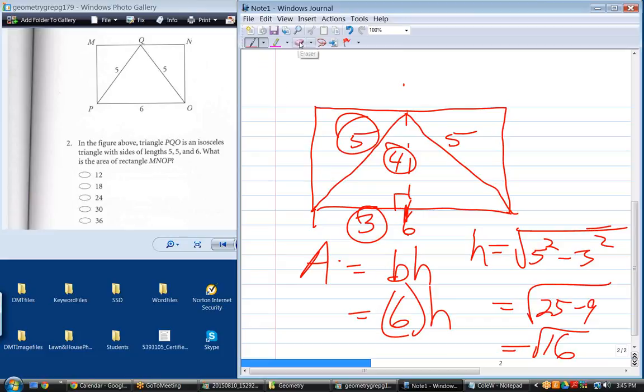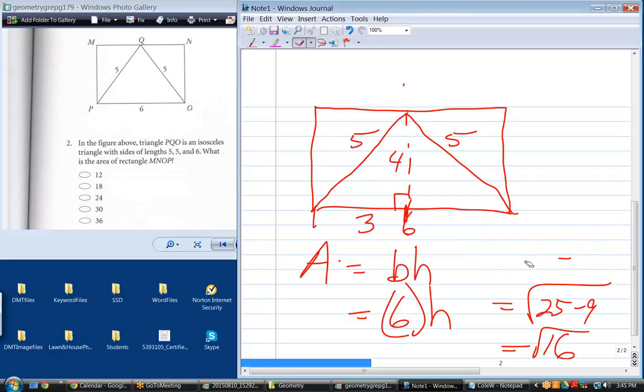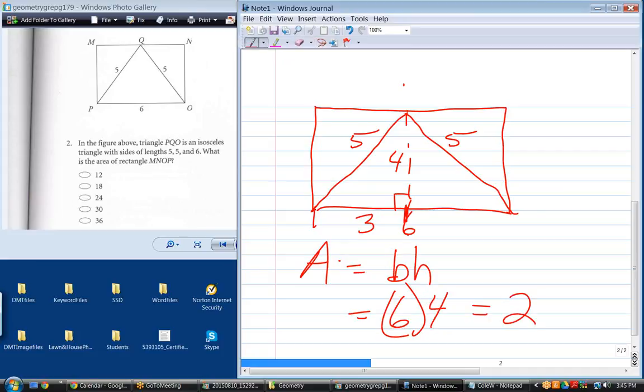So even if we do not remember the 3, 4, 5 triangle, we can always figure it out. You always want to be able to solve right triangles when they give you two sides. That's one of the fundamental skills of geometry. So if the height is 4, then the area of that rectangle is 24.